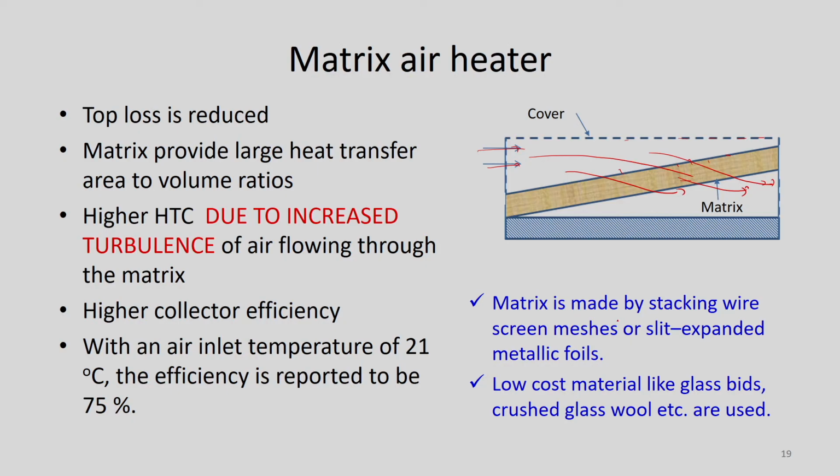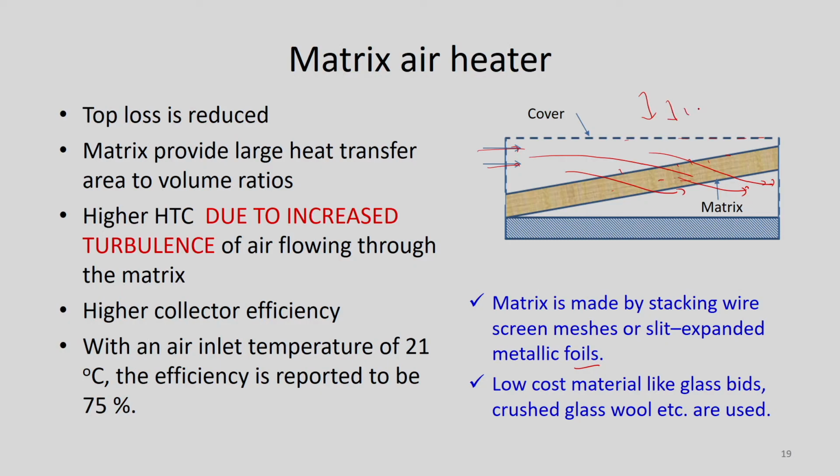This matrix is made by stacking wire screen meshes or slit expanded metallic foils, and normally very low cost materials like glass beads, crushed glass wool, etc. are used as matrix media in order to absorb more solar radiation. And here, when air moves, it gets more time to interact with the metals, which are heated up by the solar radiation.